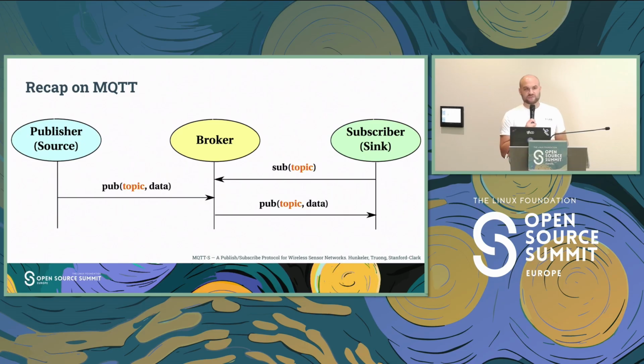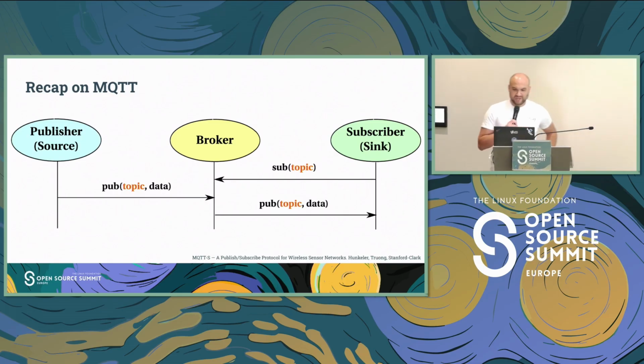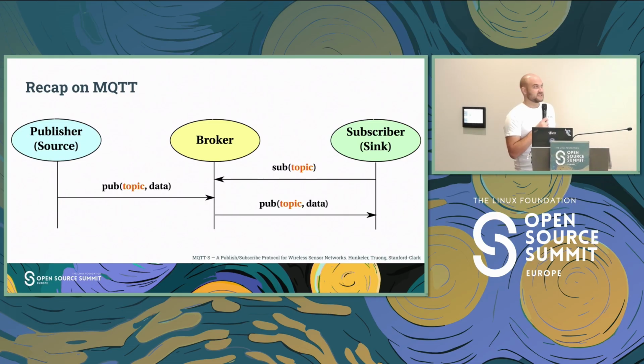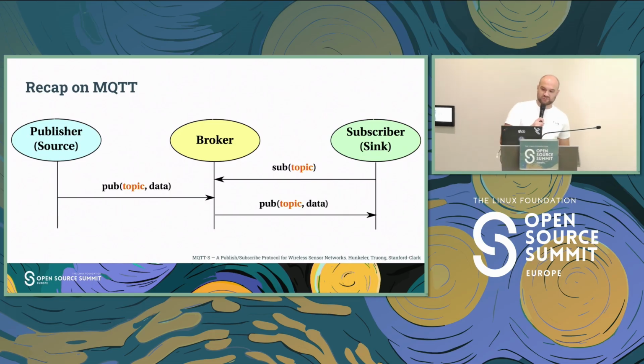The information is organized in a hierarchy that is called a topic. The broker basically has the task to filter and route the messages to the right recipient. And the clients are totally separated and don't directly talk to each other.